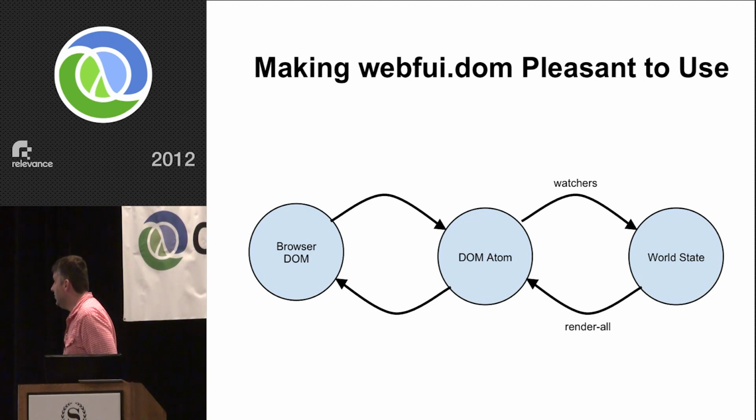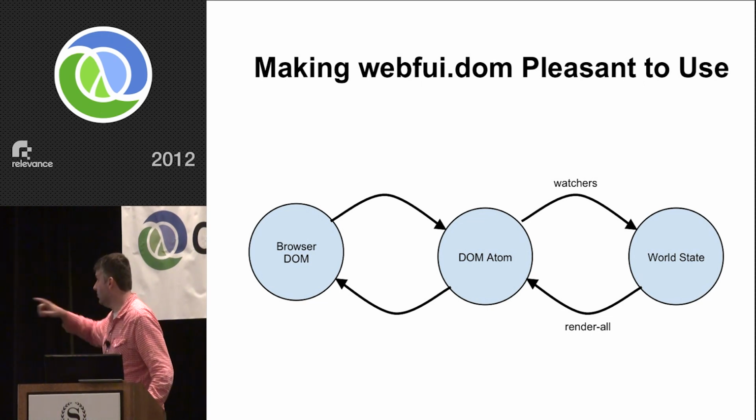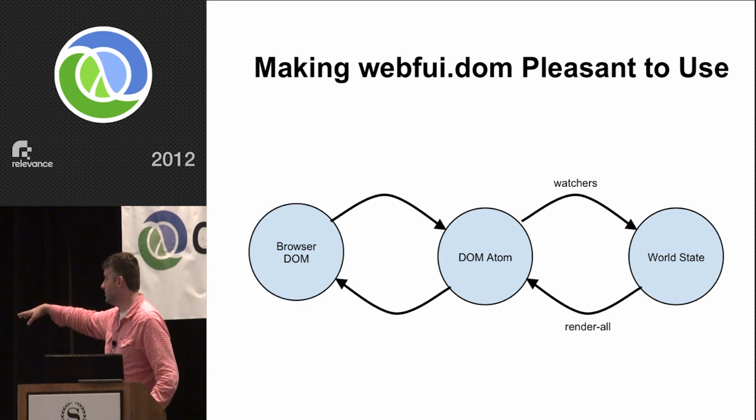And when the DOM atom changes and our watchers get called, we just want to update that state object. And then the renderAll function, instead of taking the previous version of the HTML, takes the state object as a parameter. If we do it this way, we can now write all of our code as functional. So the watchers and the renderAll function are now functional.